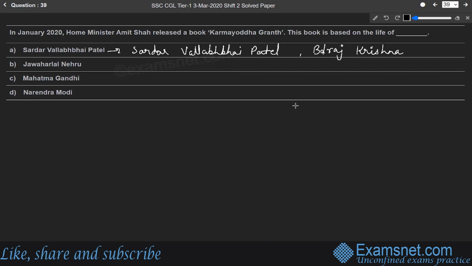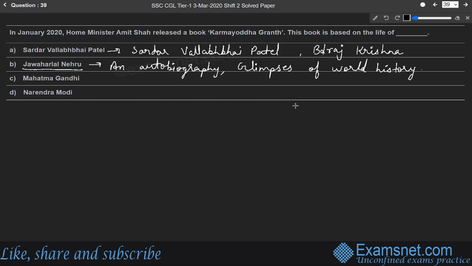The books that were written for Jawaharlal Nehru were an autobiography, and Glimpses of World History. Both these books were written by Jawaharlal Nehru himself. He was the author and the releaser for both these books.